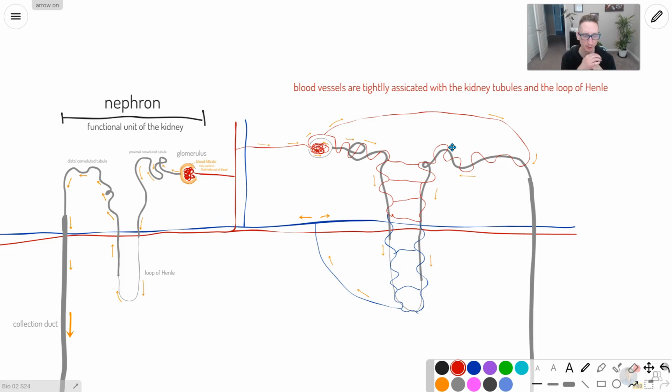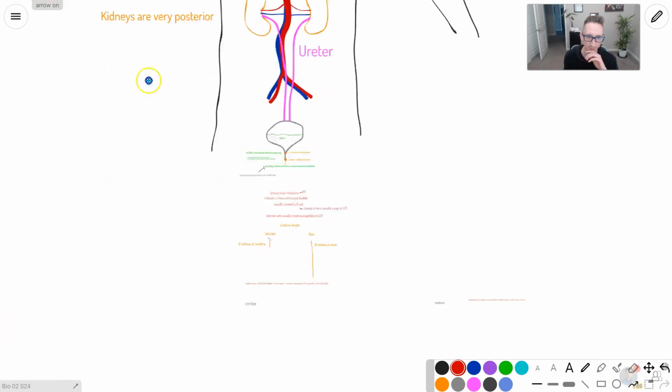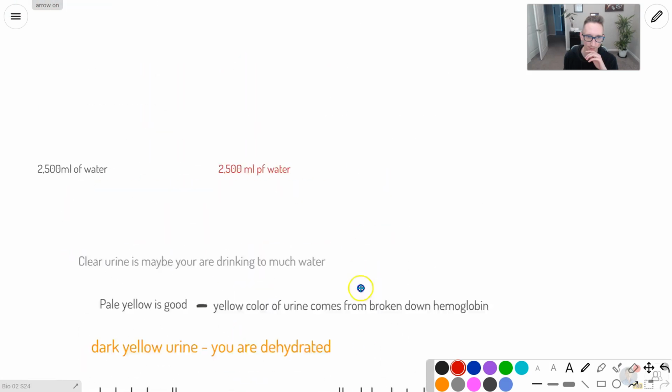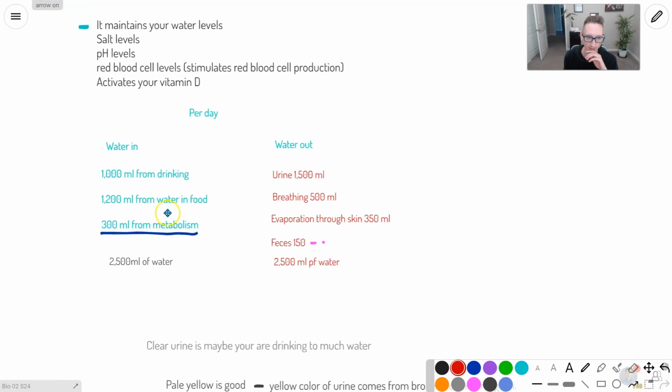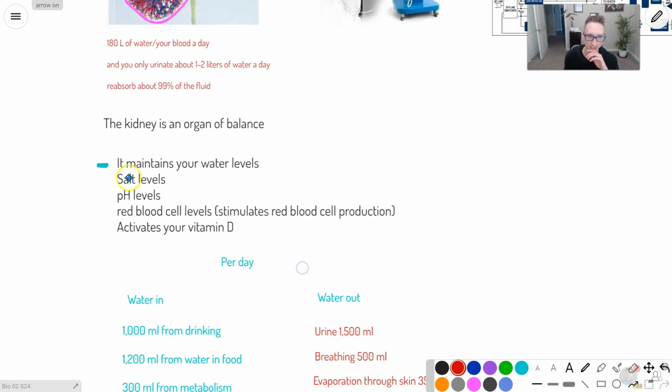And in the next one, we'll talk about the basic physiology of what this thing is doing and how it results in this stuff right here. How are we getting rid of our water, maintaining our salt levels? Eventually we'll get to pH levels, maintaining our water levels. We're just going to talk about these three right here.